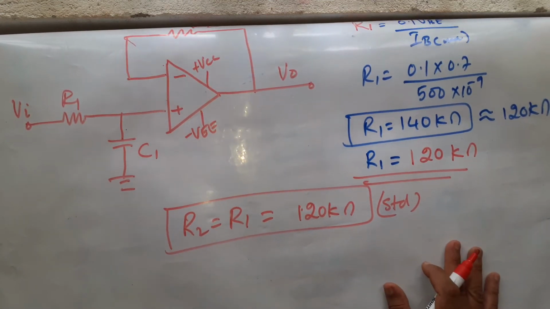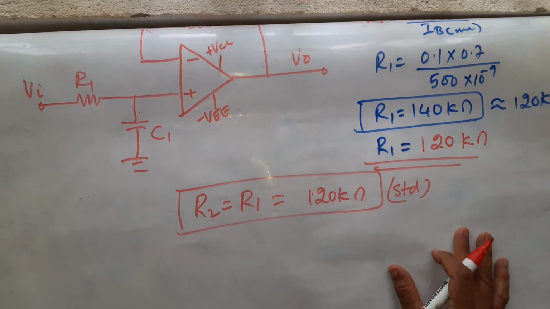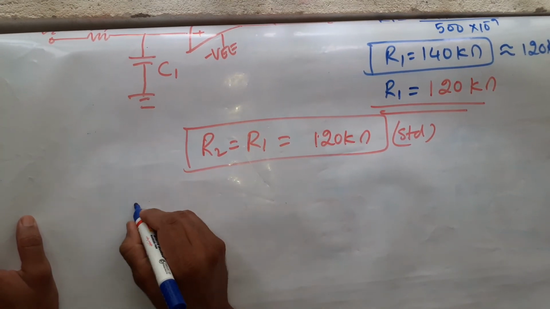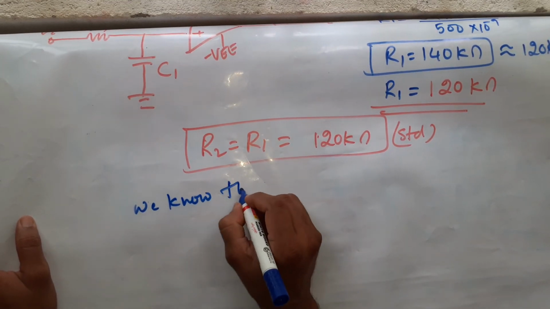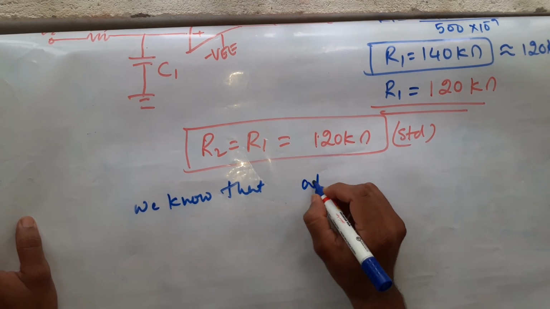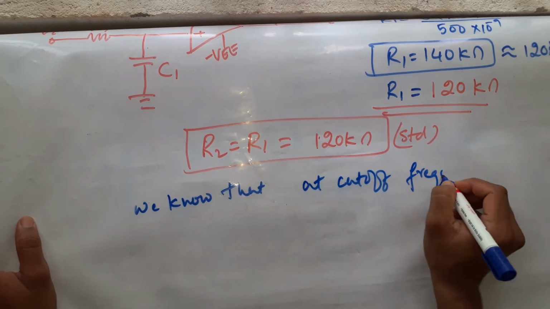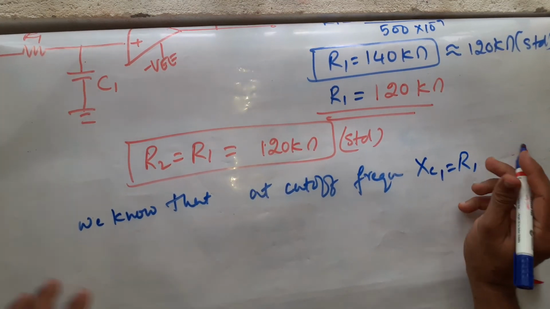Now what is remaining? R1 is done, R2 is done. Next remaining is the C1 value, right? We know that at cutoff frequency XC1 is equal to R1, isn't it?